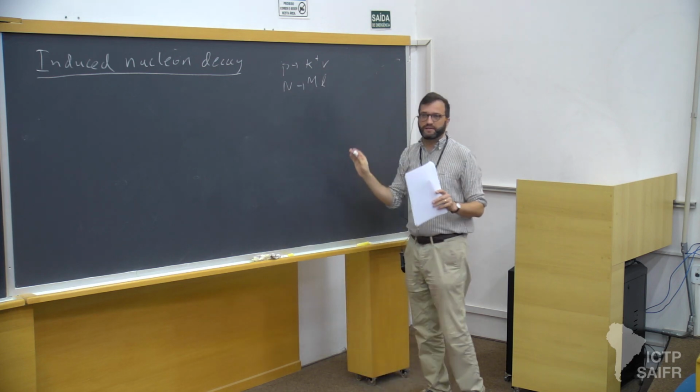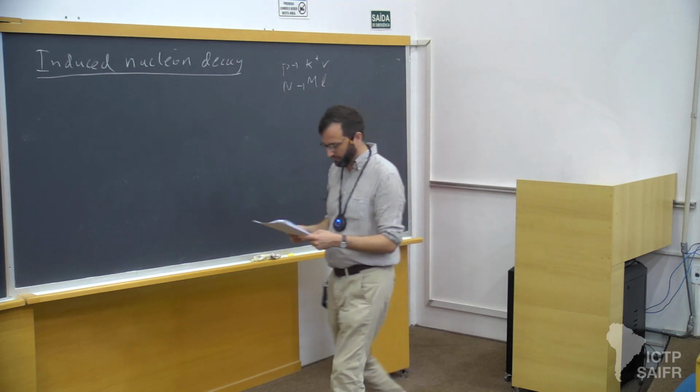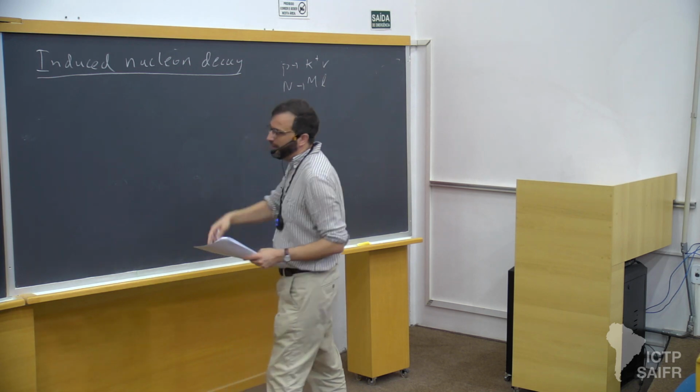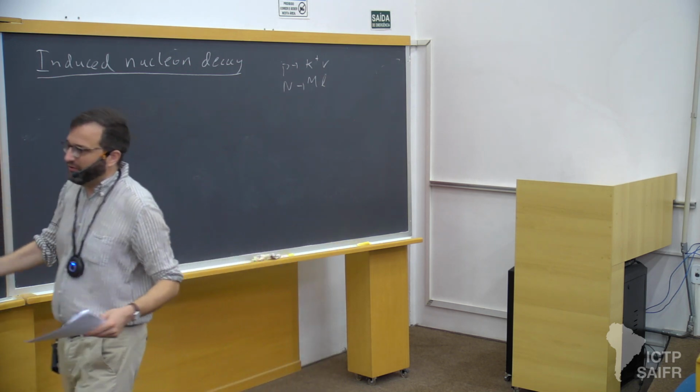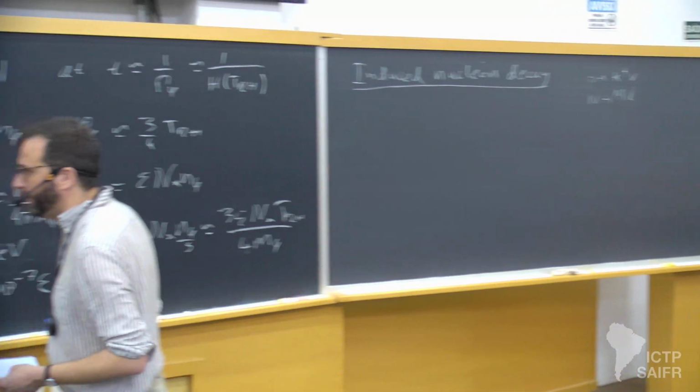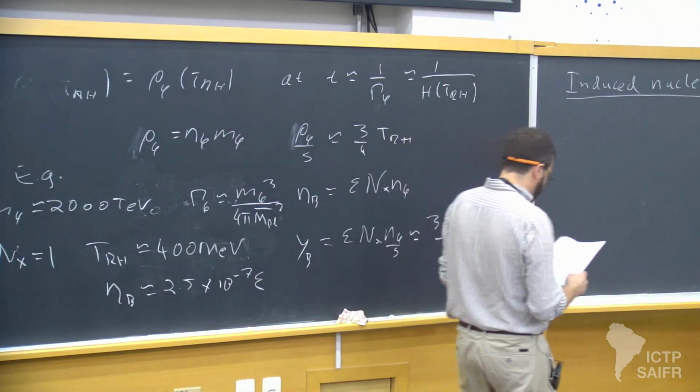This is the standard process of nucleon decay, where you typically have some grand unified theory with a baryon number violating operator at a high scale.